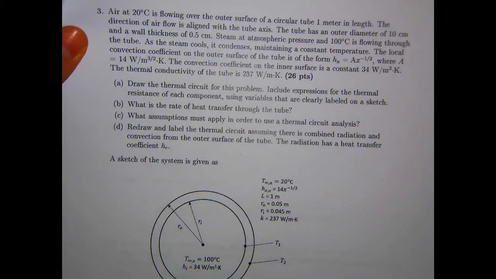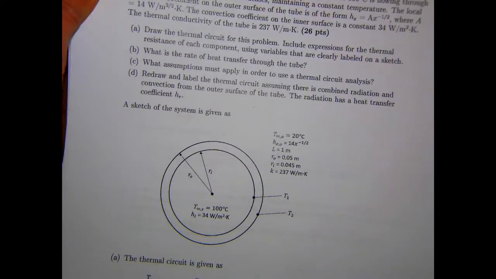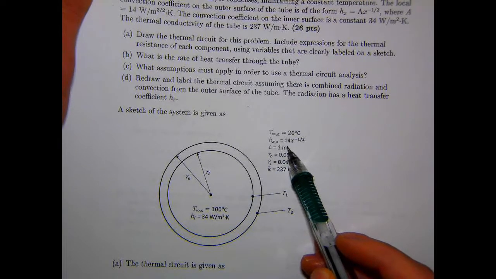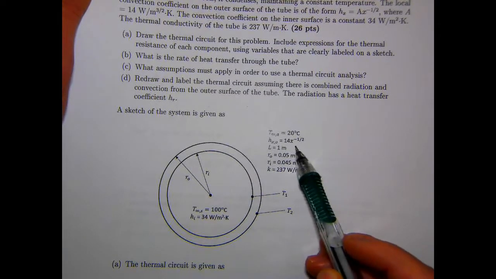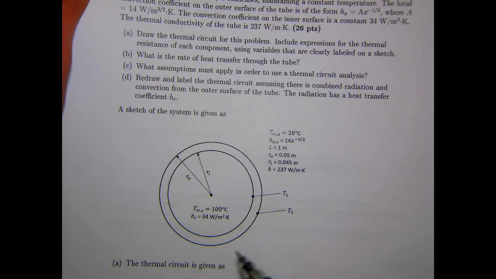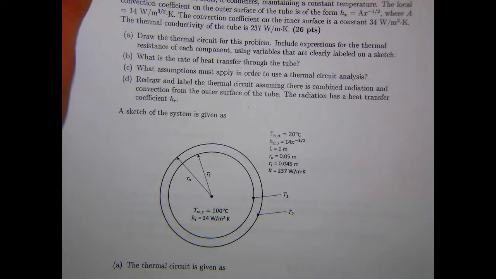The only part of this that was slightly different from a standard composite cylinder was, instead of giving you the full heat transfer coefficient as a value on the outside, you had to integrate this expression for the local heat transfer coefficient. So just combining what we've done with composite cylinders with integrating over the length to determine the total heat transfer coefficient.